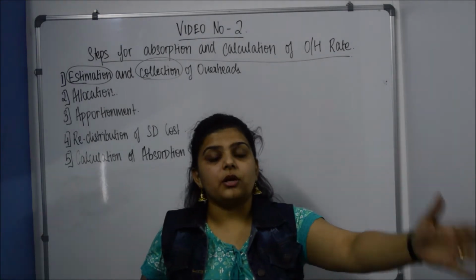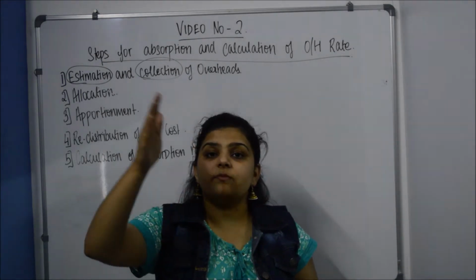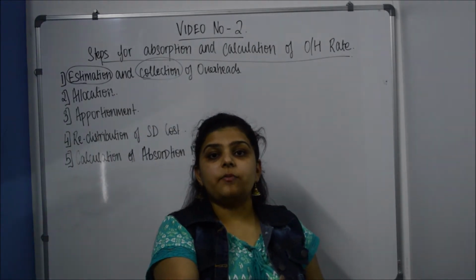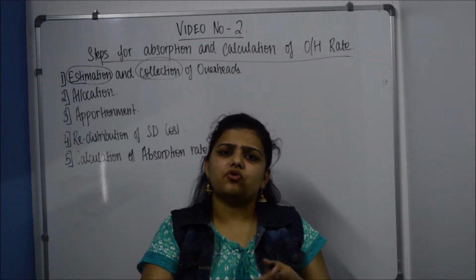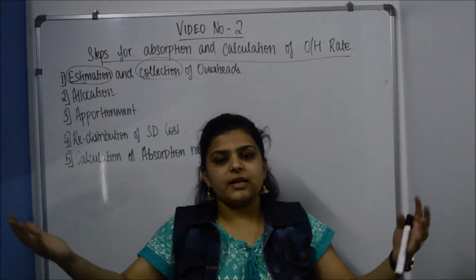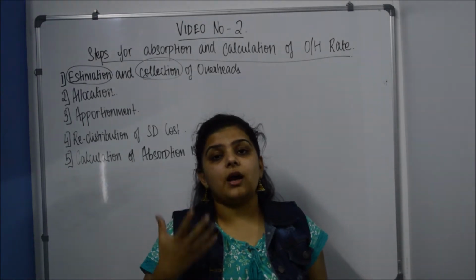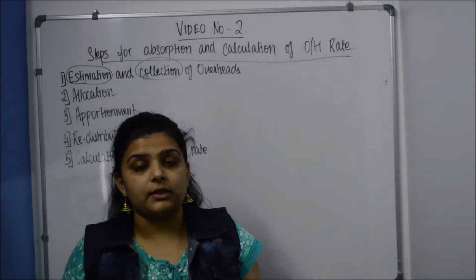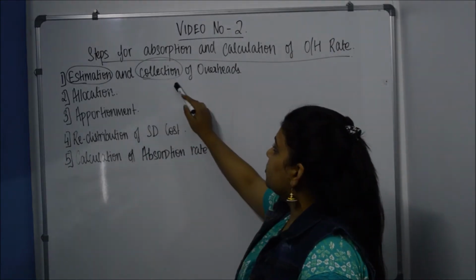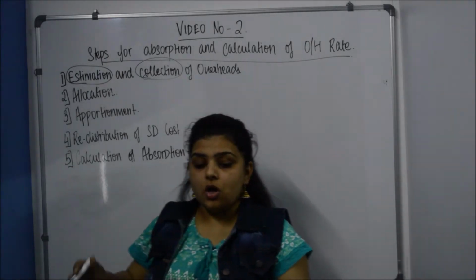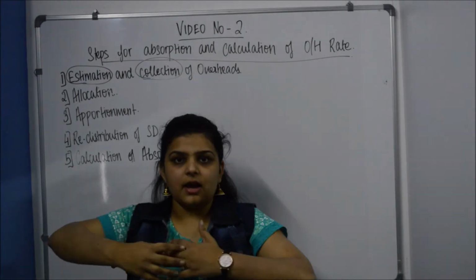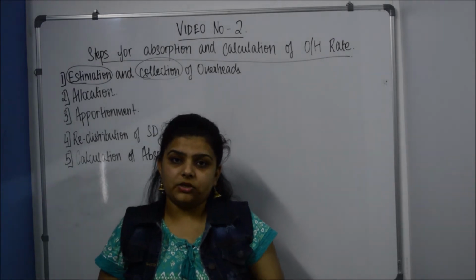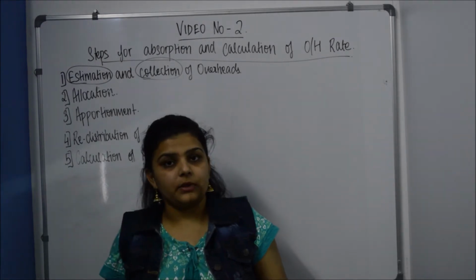Whether it is my production department, or the departments serving the production department, such as the canteen, stores, whatever. The organization as a whole, what are the overheads it is going to incur? That is collection of overheads. So I estimate and collect the total overheads of the organization or of the company.